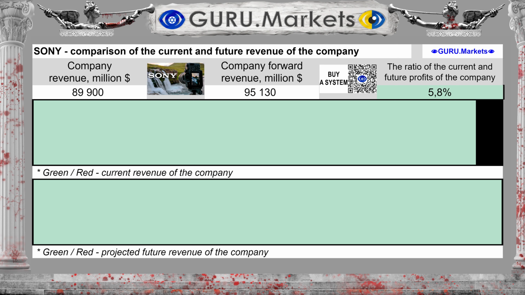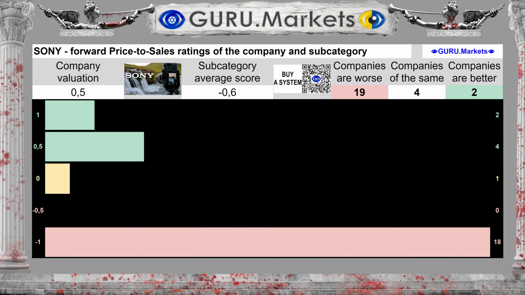Projected revenue for the next 12 months is tentatively expected to be $95,130 million, 6% more than currently. An assessment of the projected future sales volume indicator in comparison with the subcategory: Good, 0.5 points.